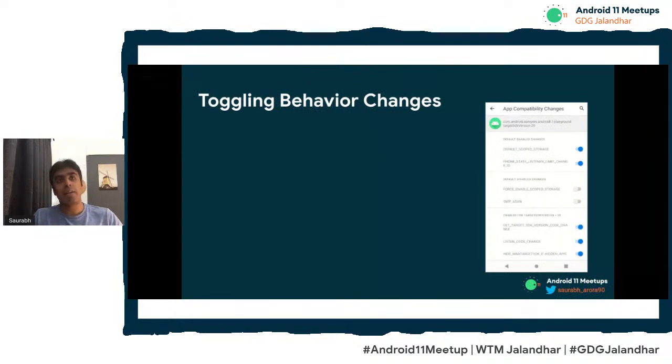Adapting to changes, I think this was covered in the previous talk as well. There's a new app compatibility framework in the developer options where you can specifically enable certain features for your app even without targeting Android R. Since most of them come into place when you're targeting Android R, you could go into developer options, enable this, and test your app for each individual change one by one and see how you can adapt your apps.